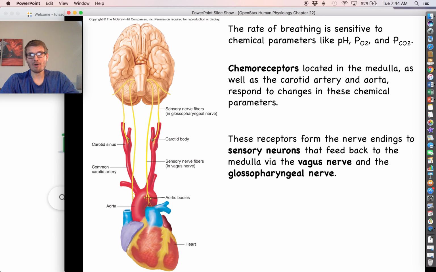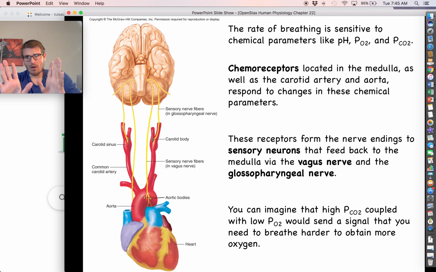These chemoreceptors form, as always, the sensory nerve endings to sensory neurons, and you can see these afferent pathways as they lead from the aorta and the carotid into the brainstem, into the pons and the medulla. Usually they're going to go through one of 2 different pathways, either through the vagus nerve or through the glossopharyngeal nerve, one of the 2.